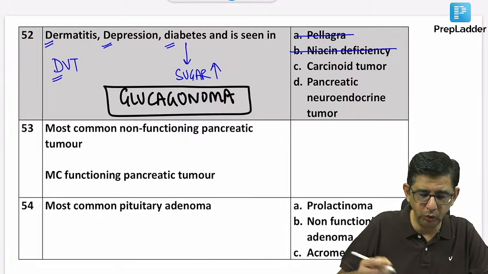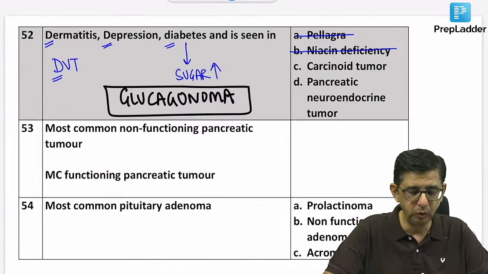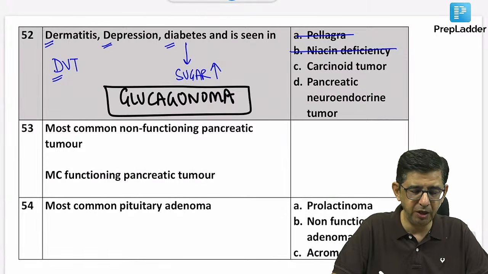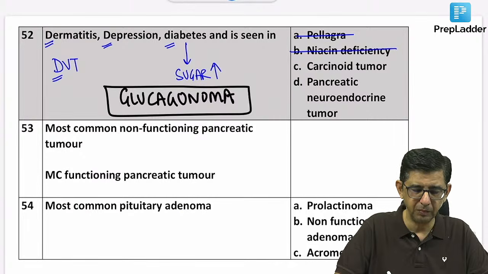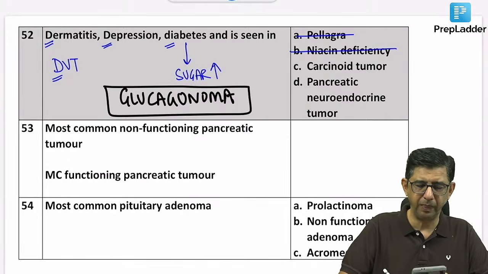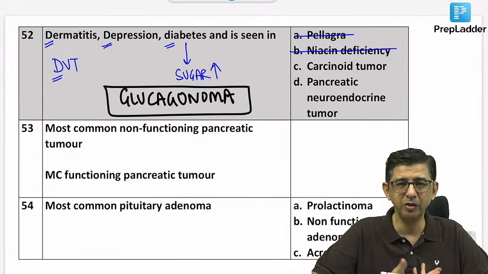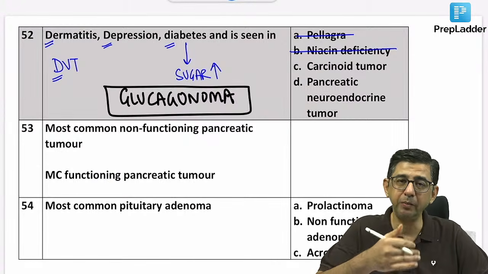Just like you are aware of the D's that are related to niacin deficiency, where there's a corn eater, there would be diarrhea, dermatitis, and dementia.